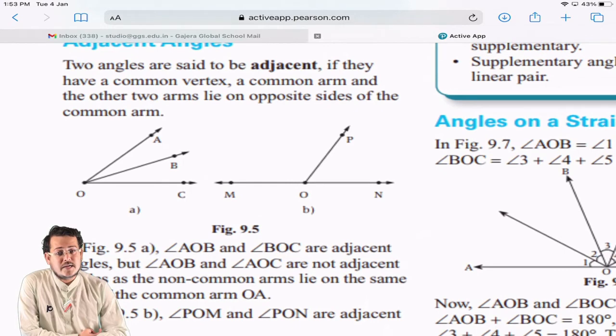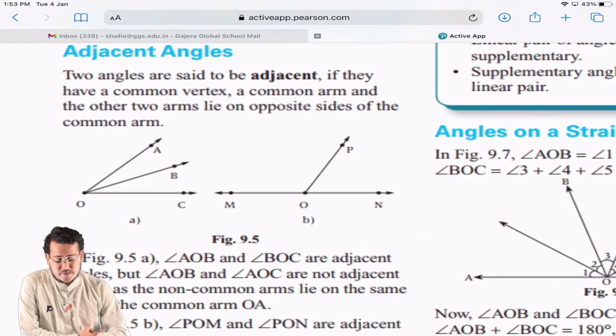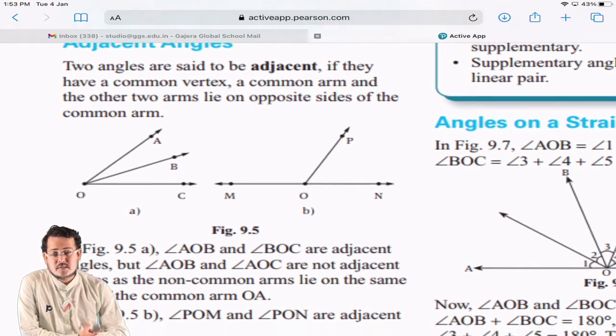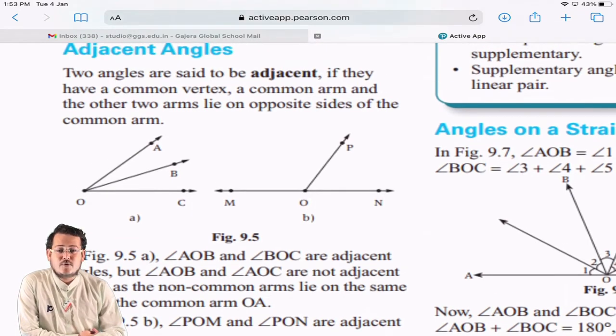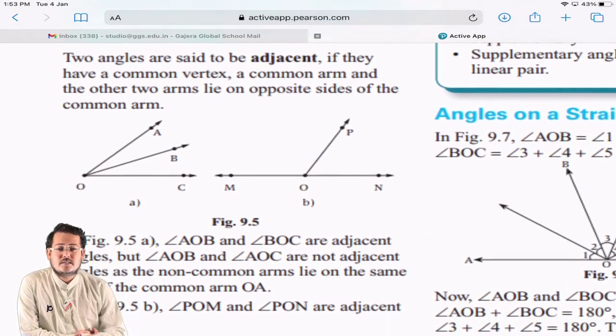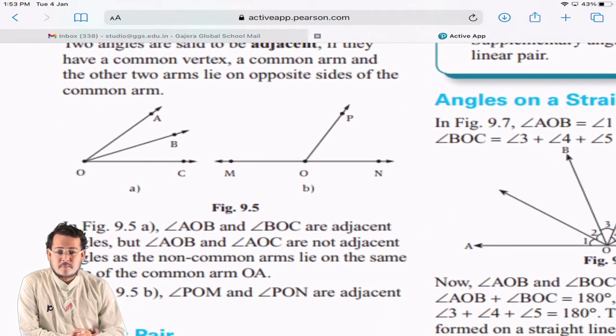So it is said to be an adjacent angle, that angle AOB, the upper angle in figure 1, is adjacent to angle BOC, because here BO is shared between both the angles. So if any one arm is shared between two angles, then both the angles are said to be adjacent angles, that you can see from the figure.